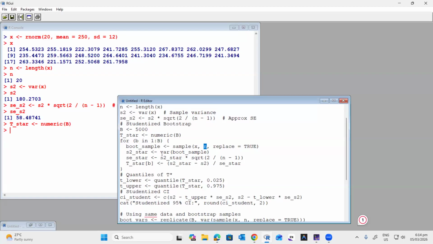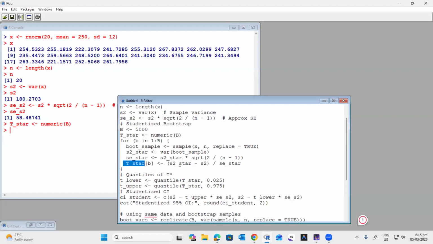We get the variance of each sample with the command var of boot underscore sample. With respect to each sample variance, we calculate the standard error that will be stored in SE underscore star. That was S2 star that we calculated into square root of 2 upon n minus 1. Right. With respect to that, we are going to calculate our T statistic. All right.